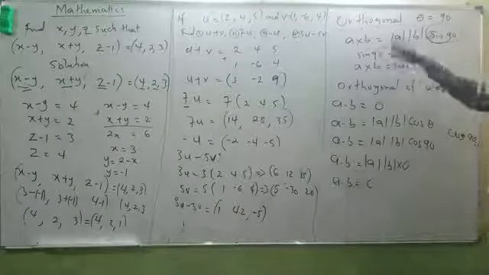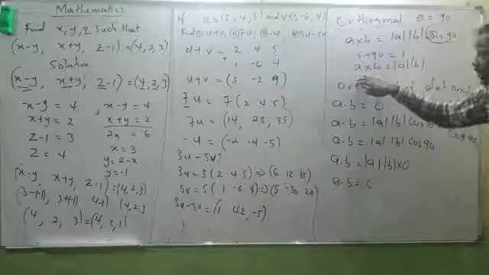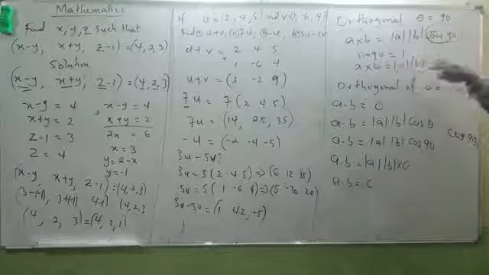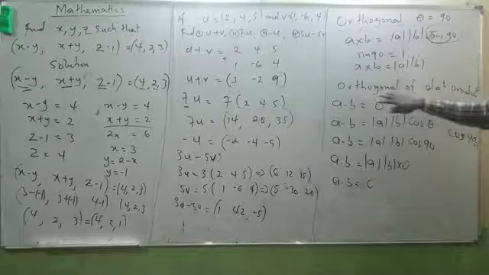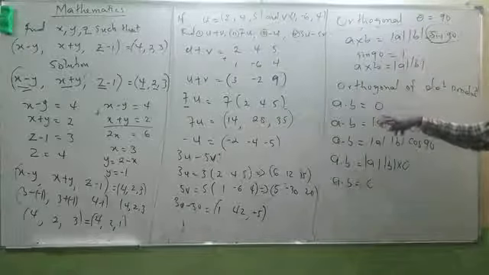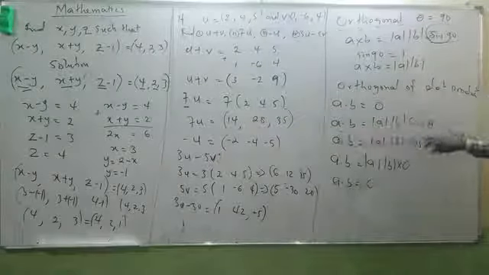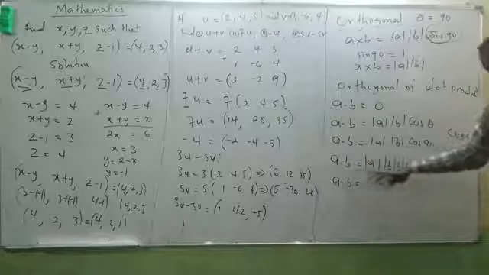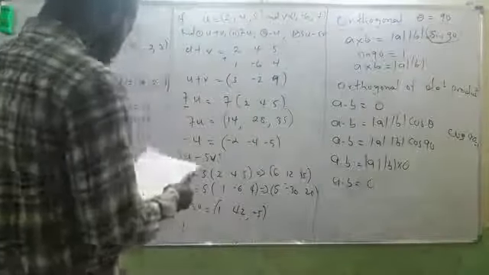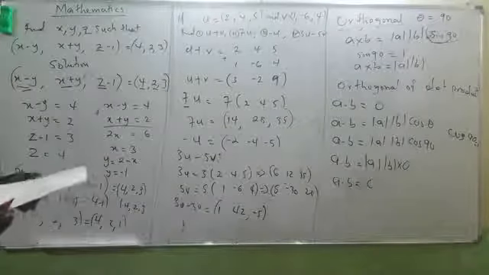Orthogonal of cross is equal to the product of the magnitudes. When you hear orthogonal of dot product, it means the dot will be equal to 0. And by so doing, you will be fine.